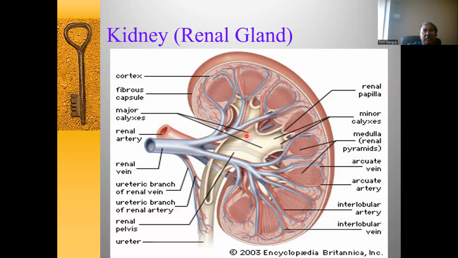The urine is collected here, and the renal pelvis then channels the urine into the ureter to the bladder to be eliminated from the body. So this is how the kidney functions, and this is the anatomical structure of the kidney.